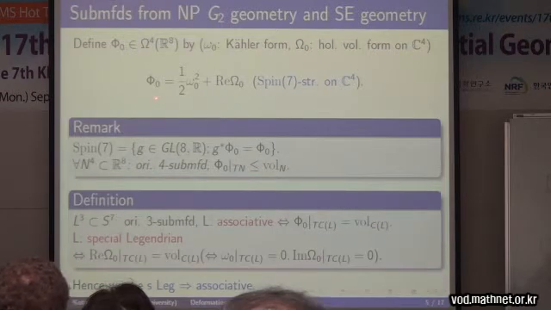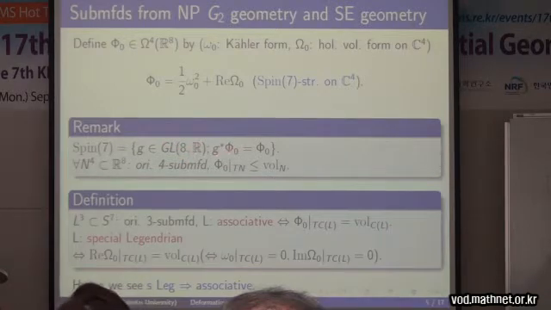Yes, and this four-form is called the Spin(7) structure on C4. C4 is R8, so we define this differential four-form. And this four-form has the next property. Namely, GL8R acts on the space of four-forms canonically, and the stabilizer at phi 0 is equal to Spin(7), the Lie group Spin(7).